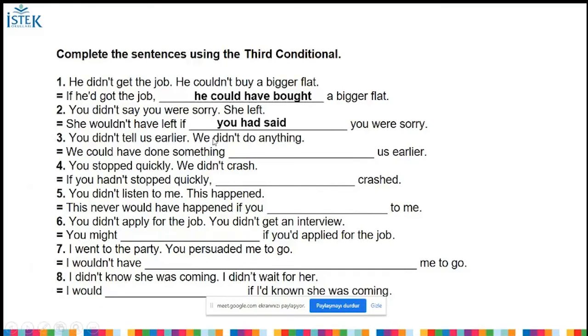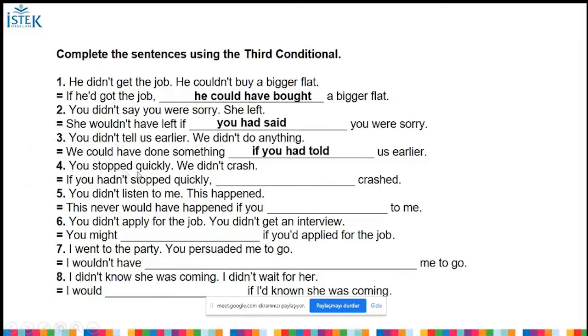We take the opposite form. If it is the negative form, we get the positive affirmative form. If the action is affirmative, we get the negative form of it. We could have done something if you had told us earlier.